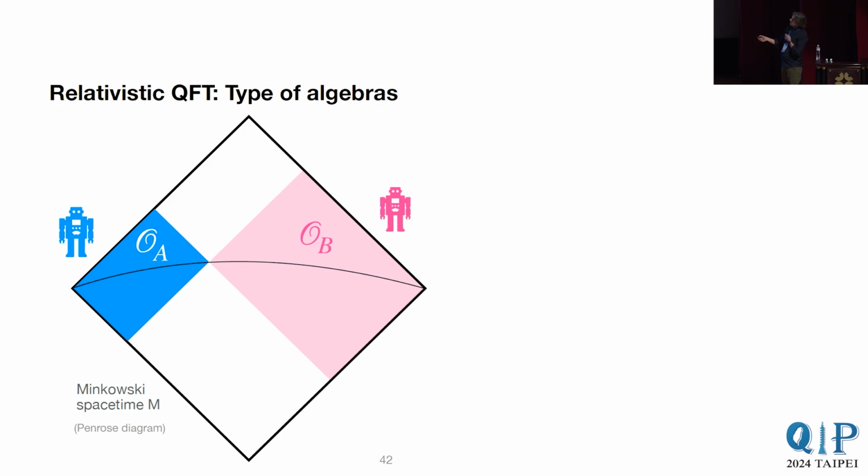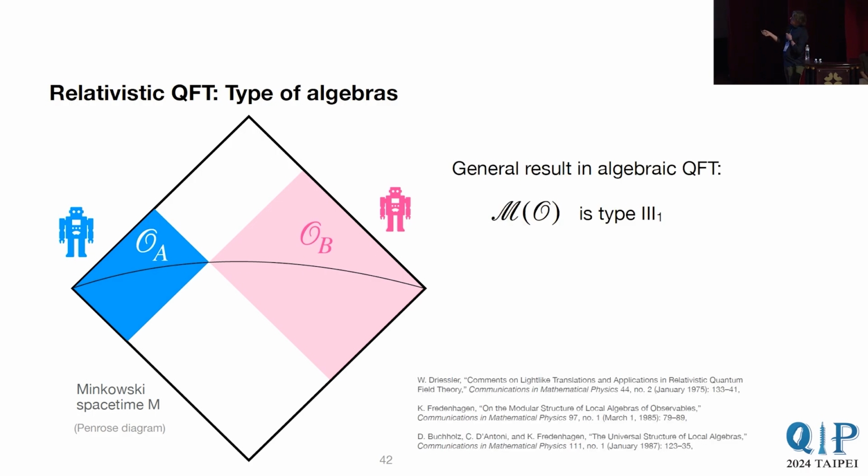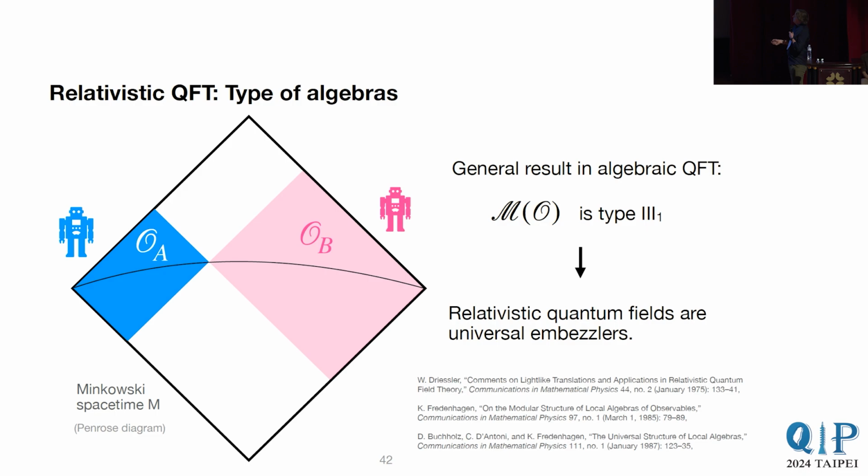If you take the associated causal regions with the splitting, then a general result in algebraic quantum field theory is that the local algebras you associate with these regions are type III_1 factors. And as Lauritz tried to convince you, this should imply that relativistic quantum fields are actually universal embezzlers, because you cannot really avoid this type III_1 conclusion in that case.